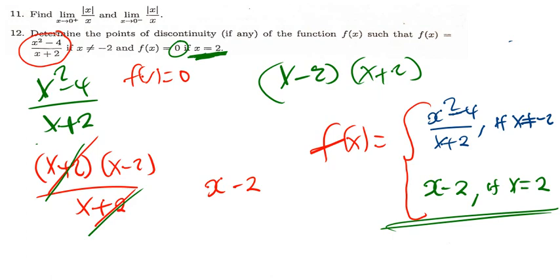Another way they can ask this question is to say, solve this function so that it should be continuous. That would be another question. So here, determine the points of discontinuity. If you want, you can sketch it.